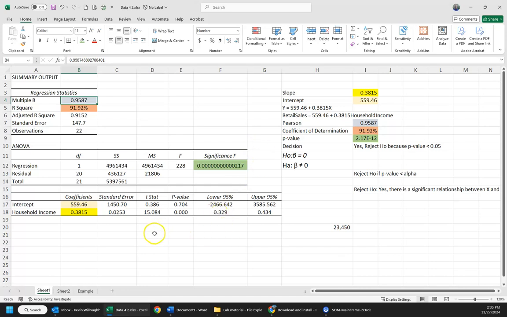So we are confident in using household income to predict and determine retail sales. If our decision were opposite, if the p-value was larger than alpha, we would not want to use x to determine the variable y, because there is not that significant relationship or association.